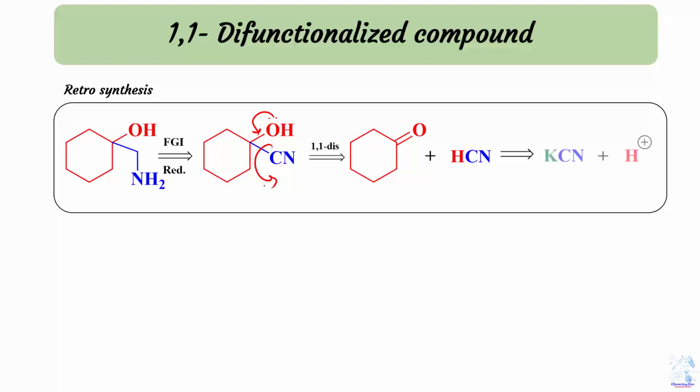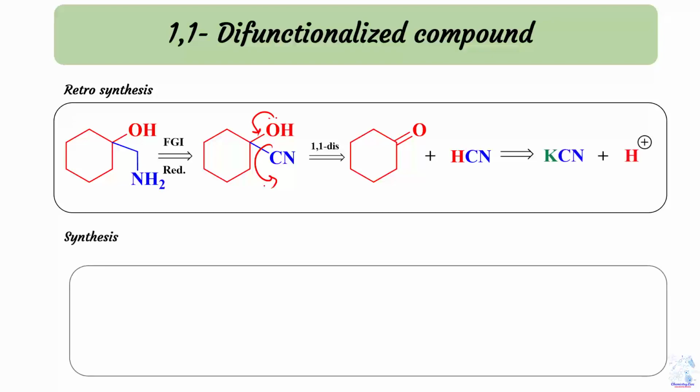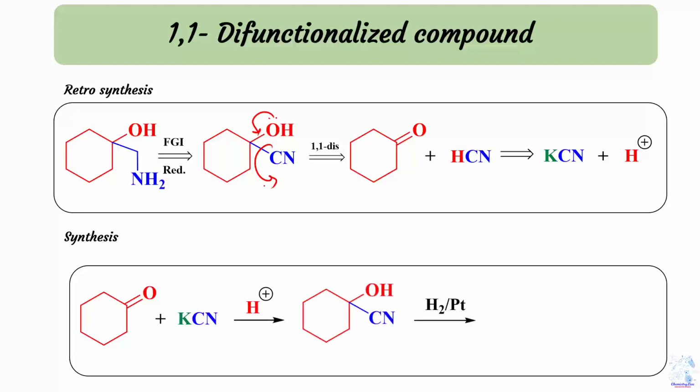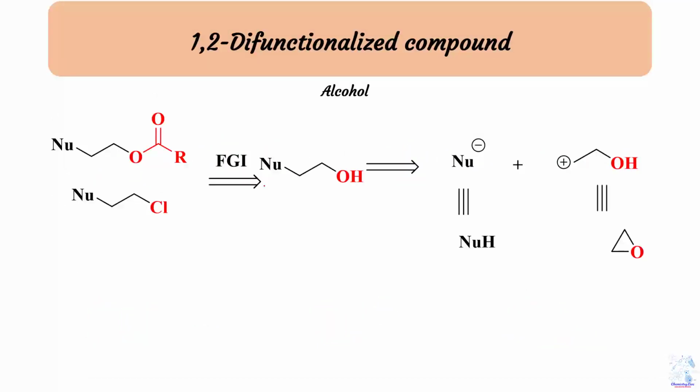In the synthesis section, cyclohexanone reacts with KCN in the presence of H plus, and we get the OH and CN moiety, which is the second part, and then reduction with H2/Pt gives CH2NH2. That is the target molecule, and we get it by this route.